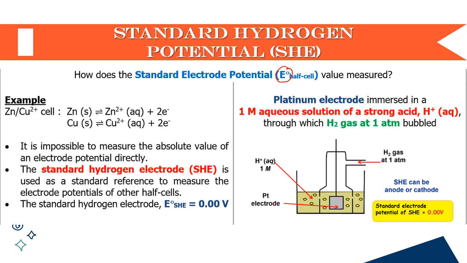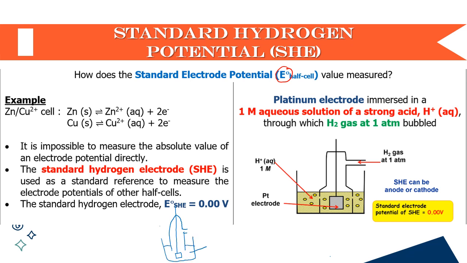Okay, so how will you draw this? If you were to draw your SHE, you can simply draw it like this. Just draw one test tube like this, with an outlet over here, and then your wire, your platinum, inside a beaker.